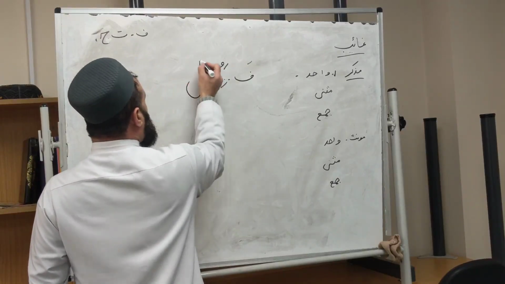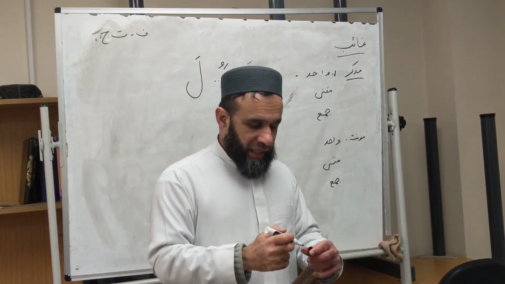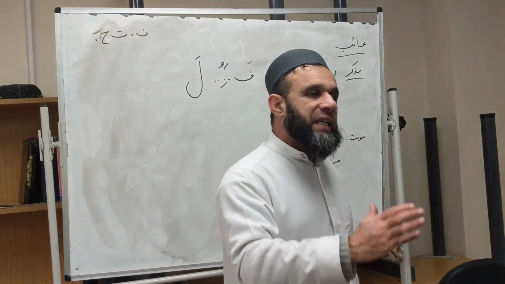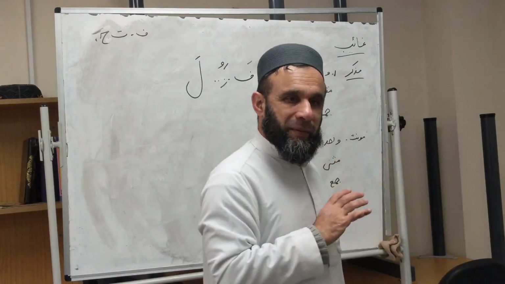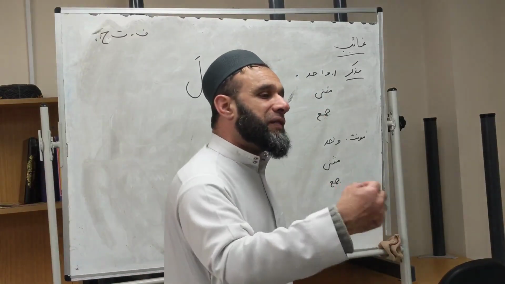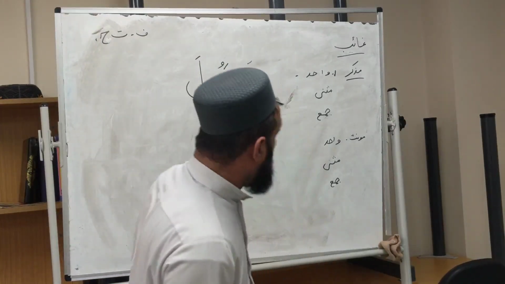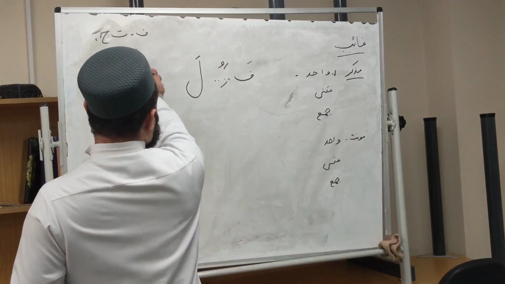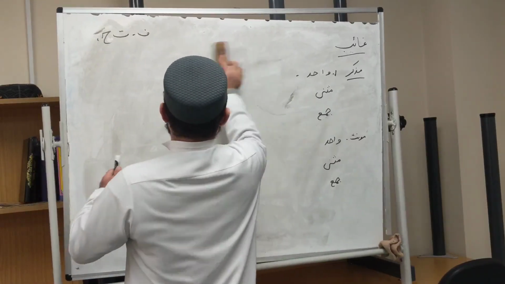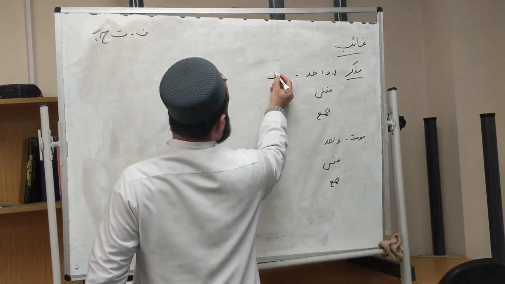And the last root letter will get fatha as well. So the clue is, with the ain kalima you can make a mistake, but you cannot be mistaken regarding the fa kalima and lam kalima. The fa kalima and the lam kalima will always get fatha, right? Now using this, what will it be? Come on. Fataha. Fa, ta.